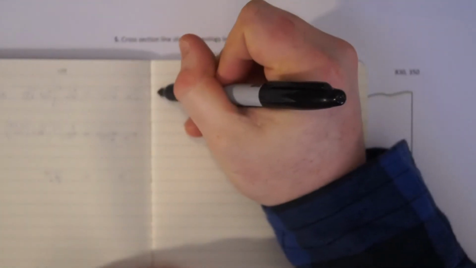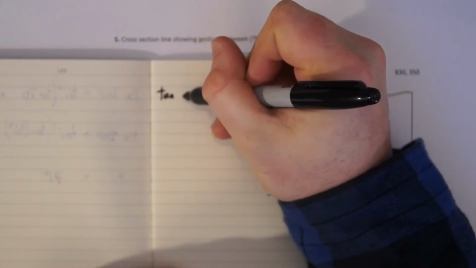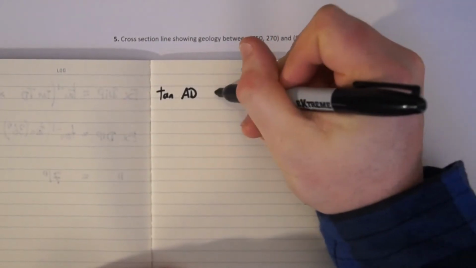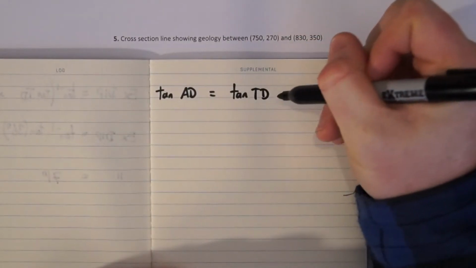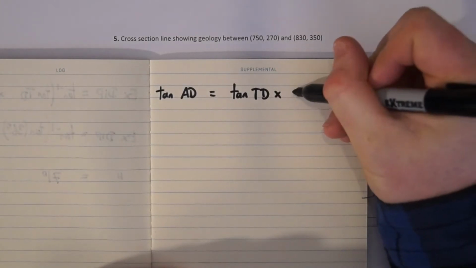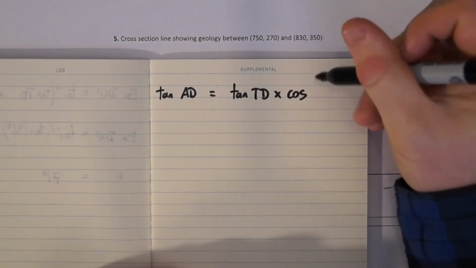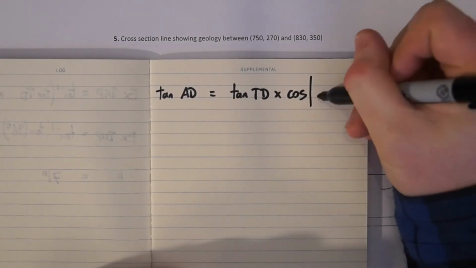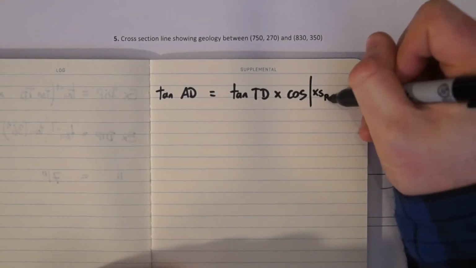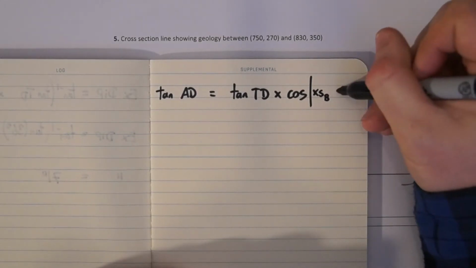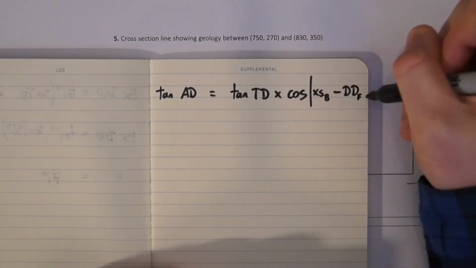Okay, so what we'll do now is that calculation, and that calculation works as the tan of the apparent dip is equal to the tan of the true dip multiplied by the cosine of the difference between the cross-section bearing and the dip direction of the fault.